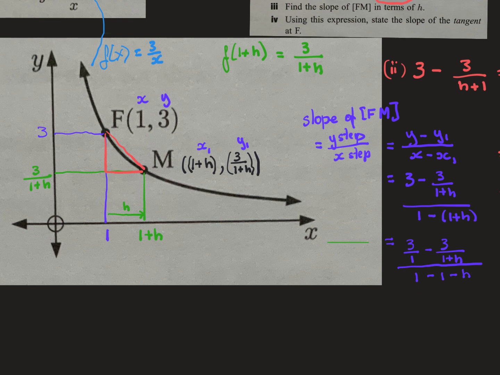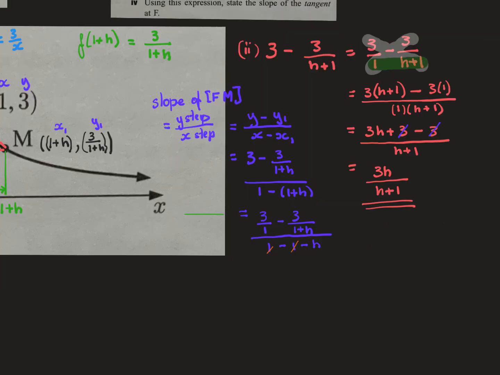You can see that I'm going to be able to delete 1 and 1 because 1 minus 1 is just minus h. The numerator needs to be worked through in the same way that we did before when we were working on question 2, when we used that butterfly effect over here. So we're going to use that butterfly effect over here as well.